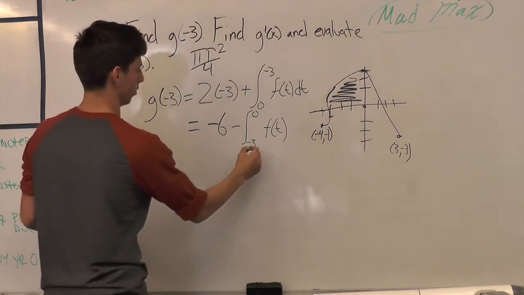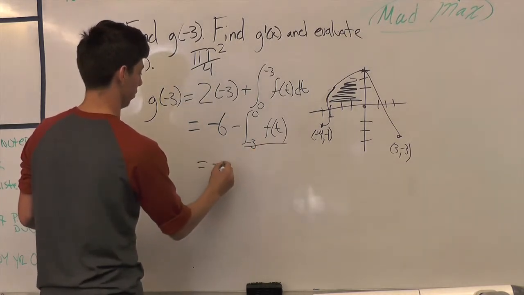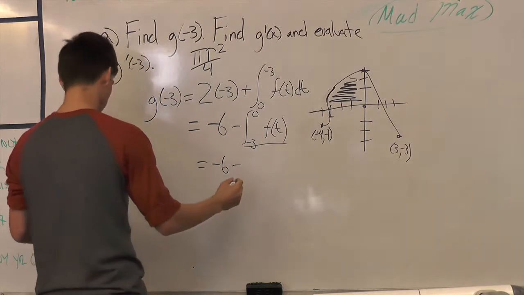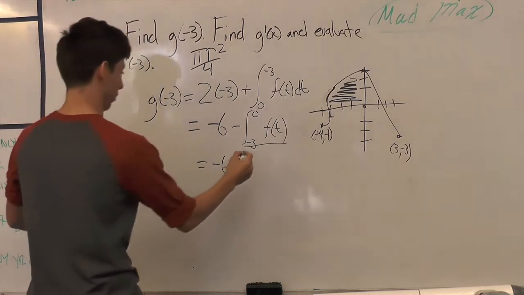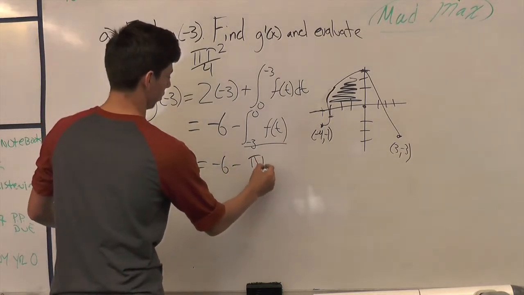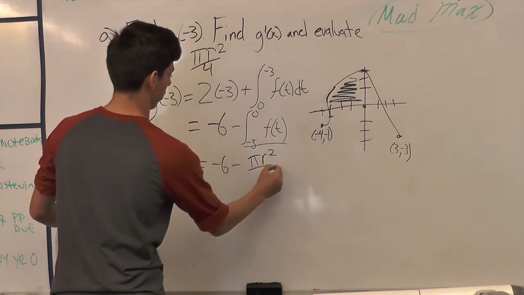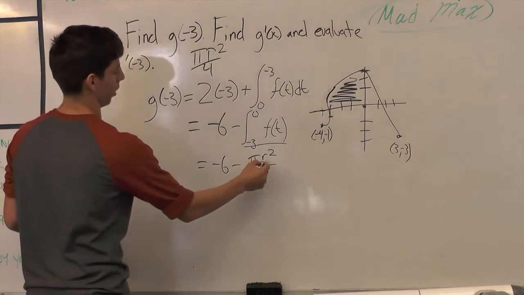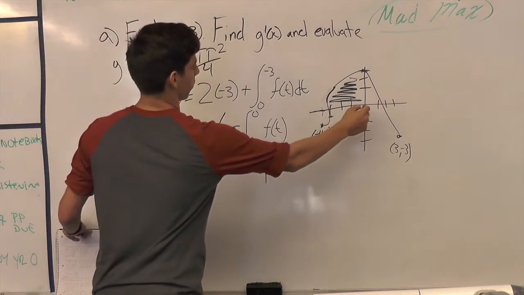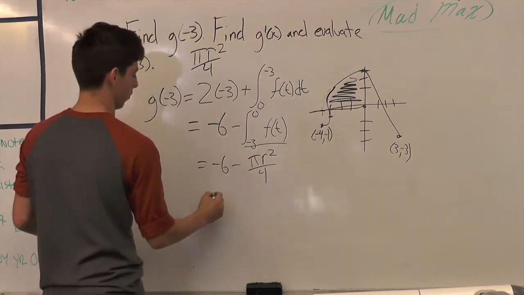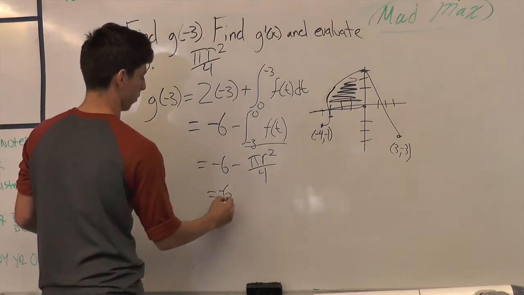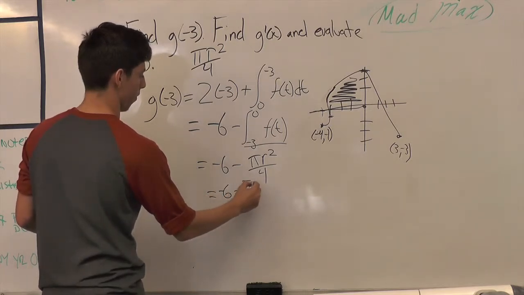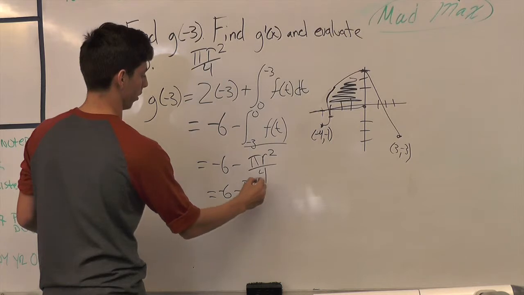So this is equal to pi r squared divided by 4, plus, and the radius would be 3.